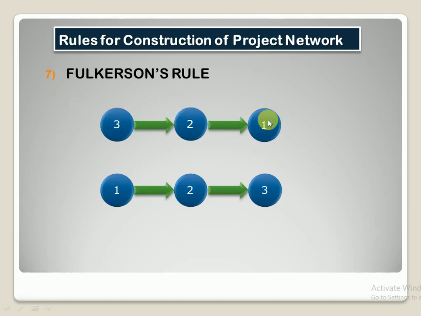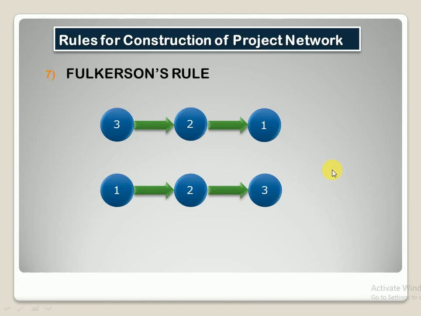This is not the correct way of giving the number to the nodes. There should be a proper sequence. You always have to start from the lowest number. Here in the second example, I have started with 1, then 2, then 3. You just can't start the activity from node 3 and end at node 1. This is an incorrect way of following the project network diagram.